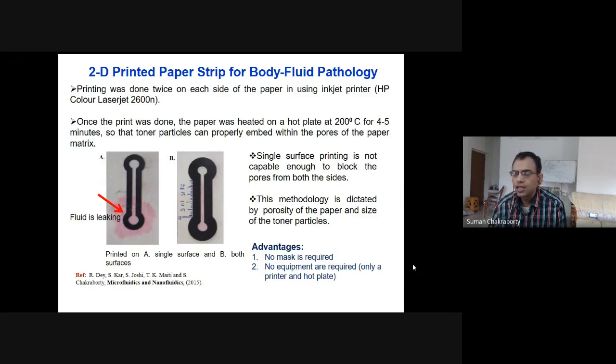And this is guided by microfluidic channels, and that guidance has to be assured by printing microchannels on paper.